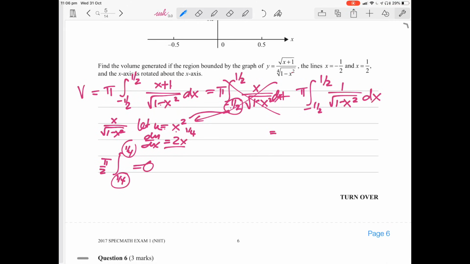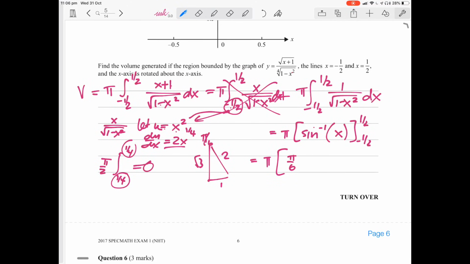So this thing here, this is pi sine inverse of x between a half and negative a half. Sine inverse of a half, it's got to be pi on 6. So I get pi on 6 minus sine inverse of negative a half.